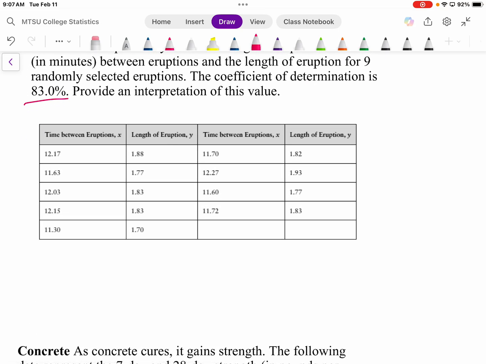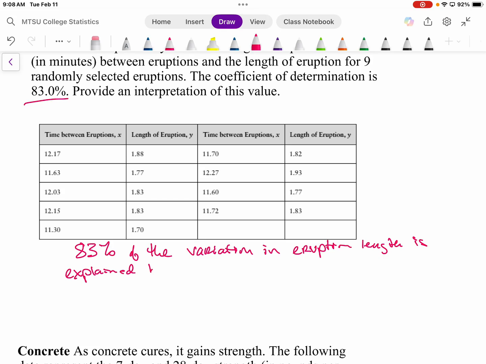So what we would say is that 83% of the variation in eruption length, because again, that's our Y variable, our response variable, eruption length, is explained by the time between eruptions.